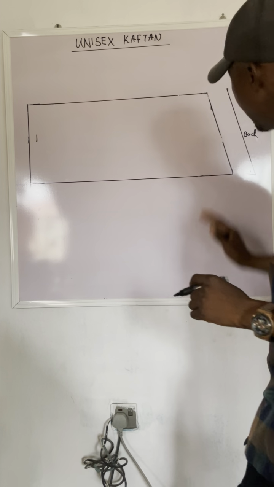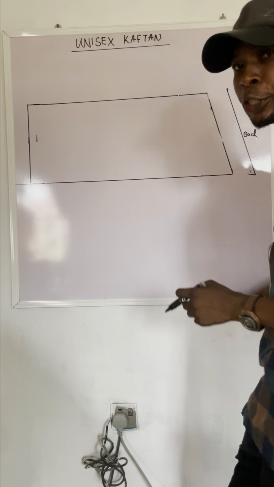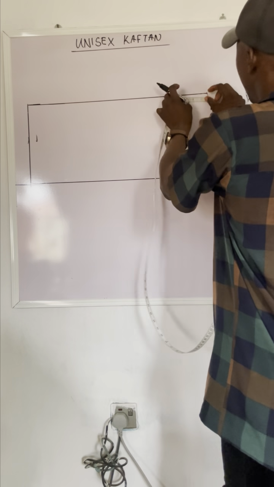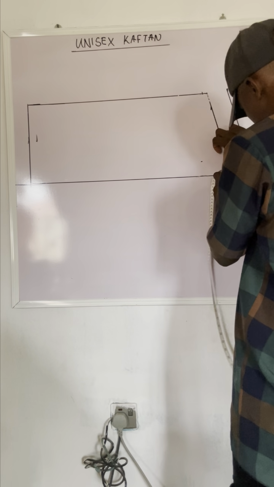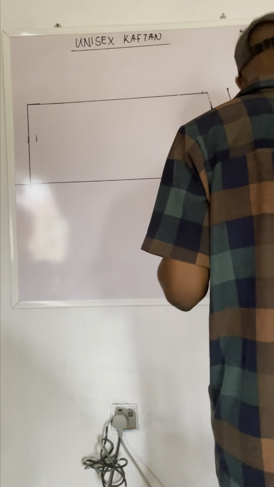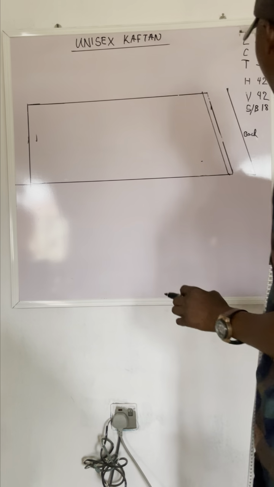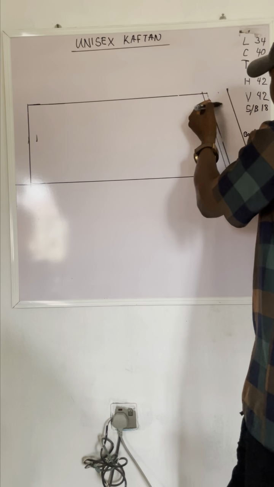Now, after you might have done this, you are going to measure half inch on your front pattern. Just place your tape rule and mark half inch on it like this. Then you connect this half inch on the front pattern. Now, this back pattern, you want it to lap this half inch on the front pattern.